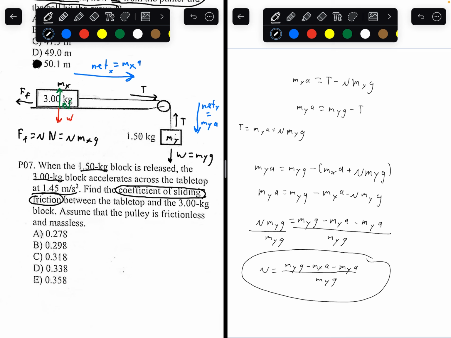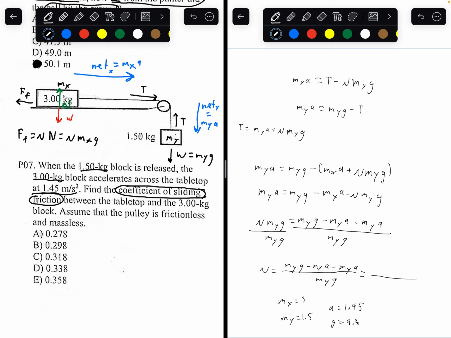So the final step is just to plug everything we know in. We know mass of x equals 3, mass of y equals 1.5, acceleration equals 1.45, and gravity equals 9.8.